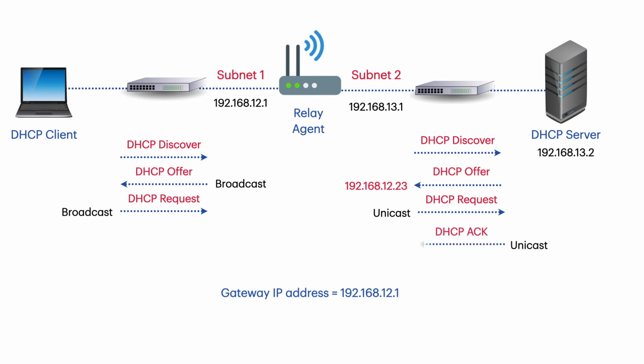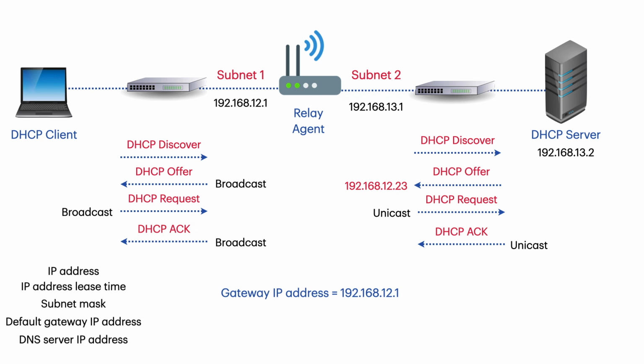The server unicasts the acknowledgement message to the router. The router then broadcasts it within the subnet. The DHCP client receives the acknowledgement message, configures the TCP/IP settings and becomes ready to load web pages.